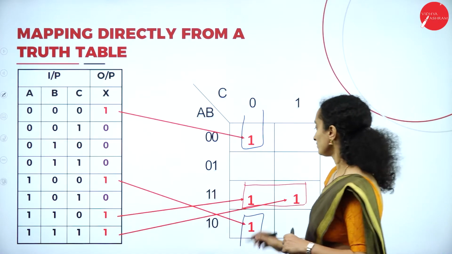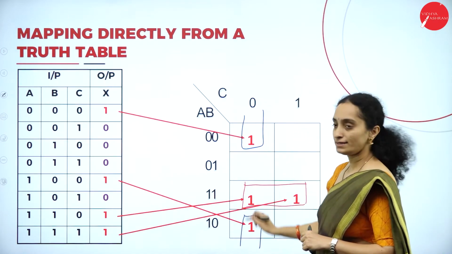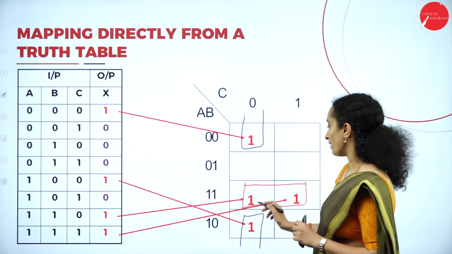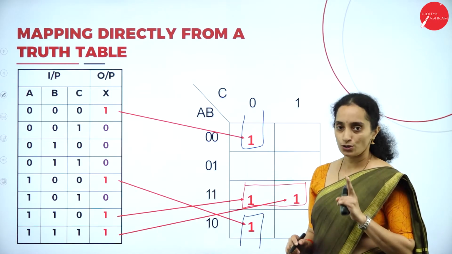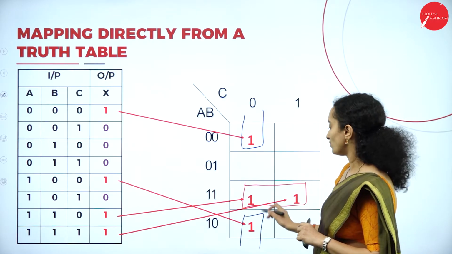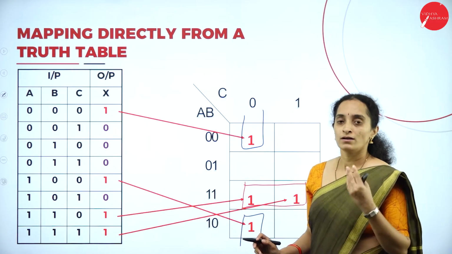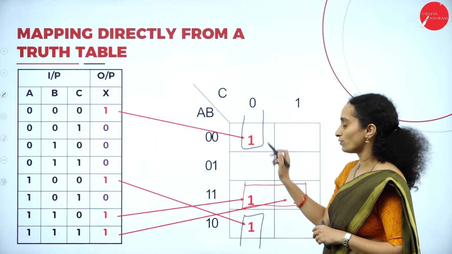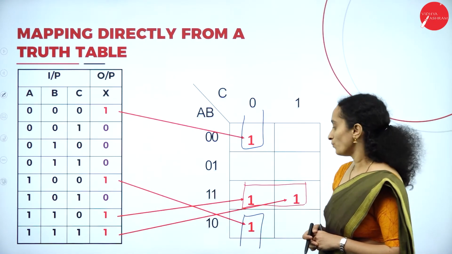Alright. You cannot combine these three because a group of 3 is not allowed in a K-map. You can only have a group of 2, 4 or 8 ones like this. So you can group these 2 ones.